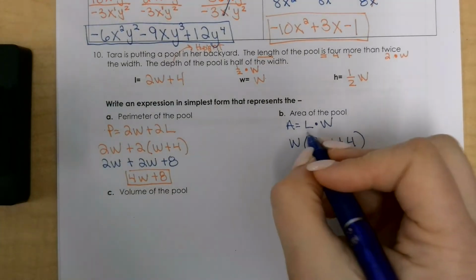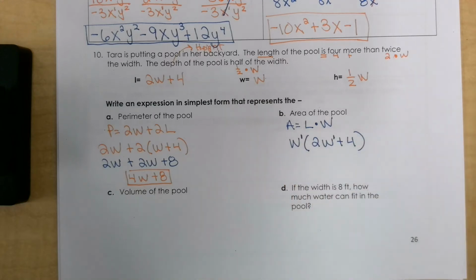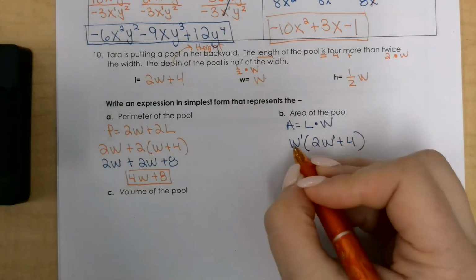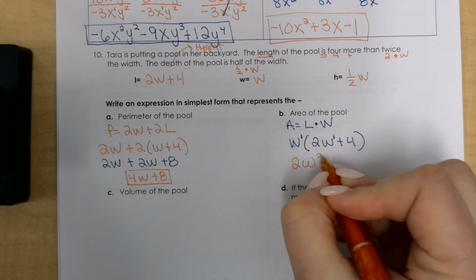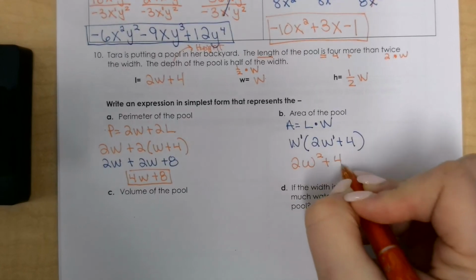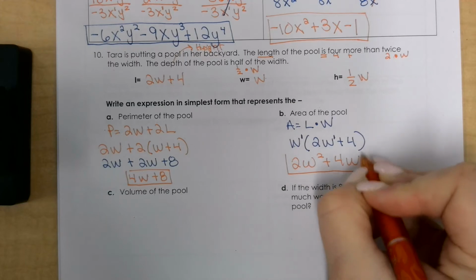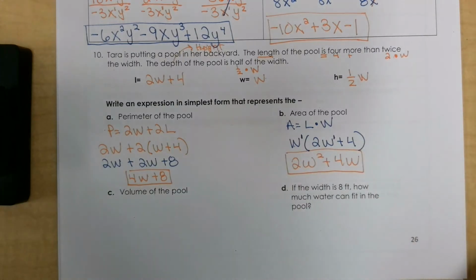Looks like I have to distribute my W. I'm going to just add a 1 there because I know I'm going to be adding those exponents. 1 plus 1 is W squared, and I've got plus 4W. That one was a lot quicker to simplify. 2W squared plus 4W will give me my area.